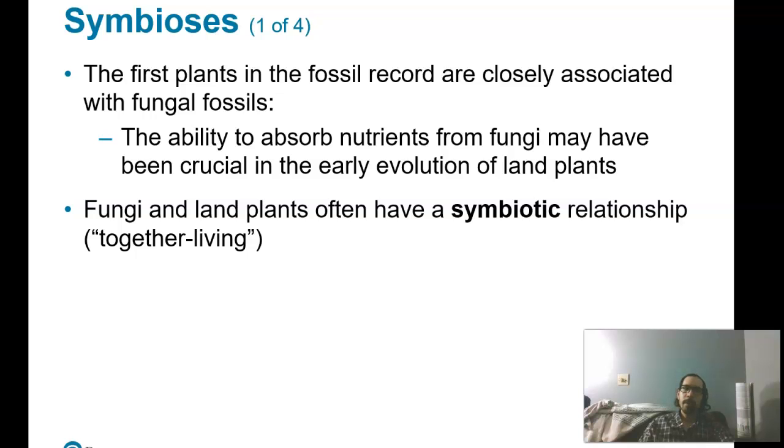It's thought that the first plants in the fossil record were closely associated with fungal fossils. The ability to absorb nutrients from fungi may have been crucial in the early evolution of land plants. So fungi and land plants often have a symbiotic relationship.